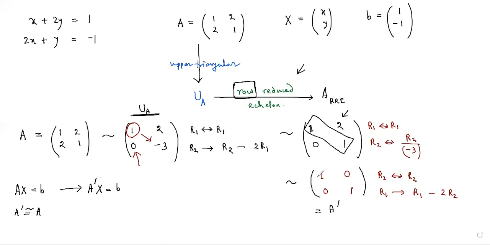Since these two matrices are equivalent, in the given system we can replace capital A by this equivalent form.